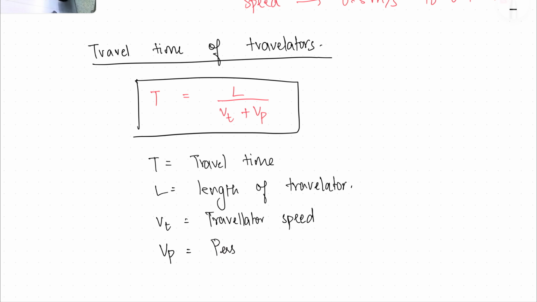As you know, you can either just stand on it or you can also walk on it, right? So that walking speed is the Vp, the person's walking speed.